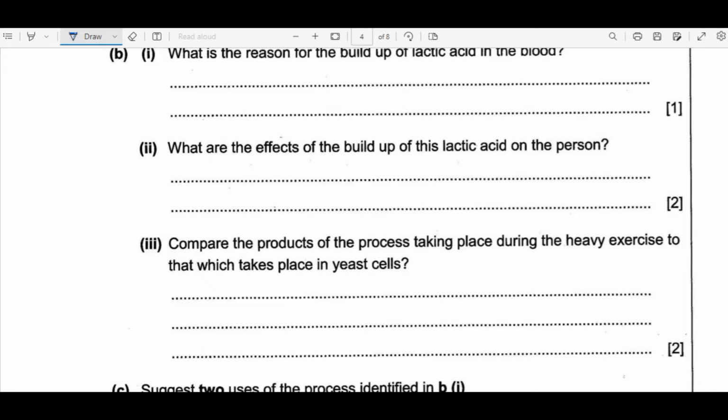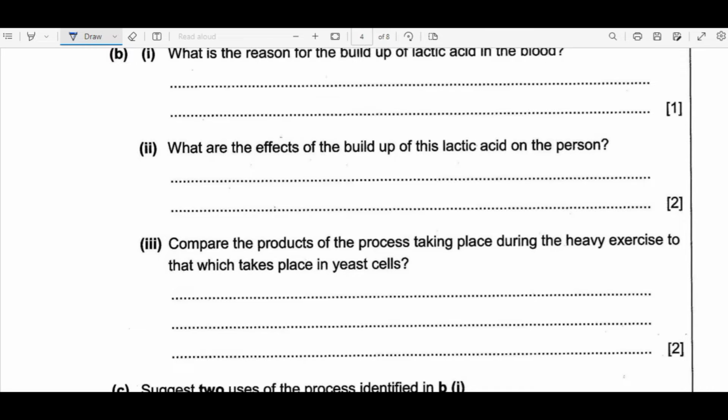The intake of oxygen is not enough for aerobic respiration to help someone survive during that particular time. So how can you survive if you don't have enough oxygen to carry out aerobic respiration? Anaerobic respiration now kicks in to make sure that a person survives in the absence of oxygen.